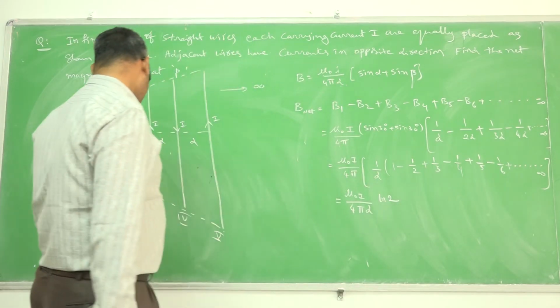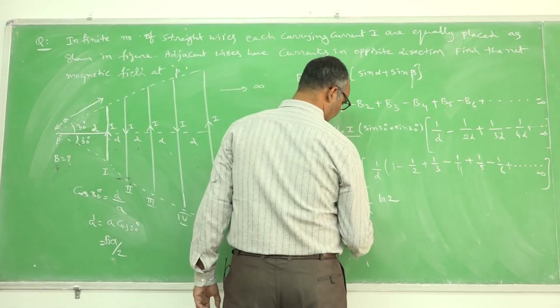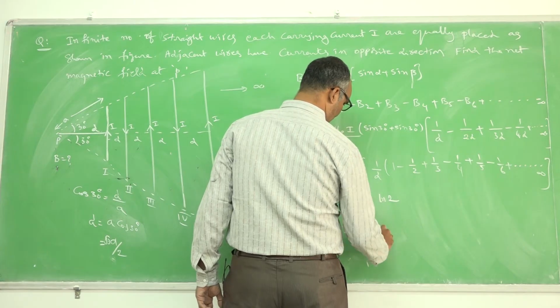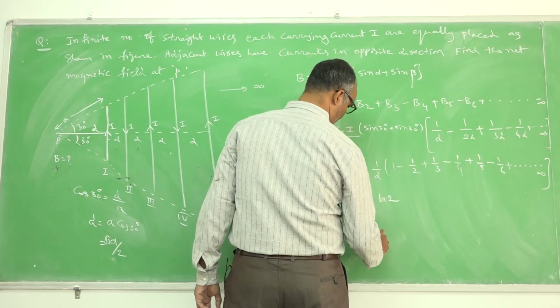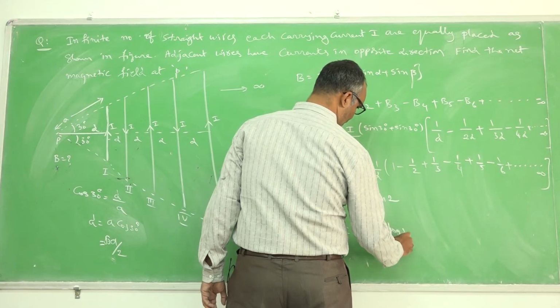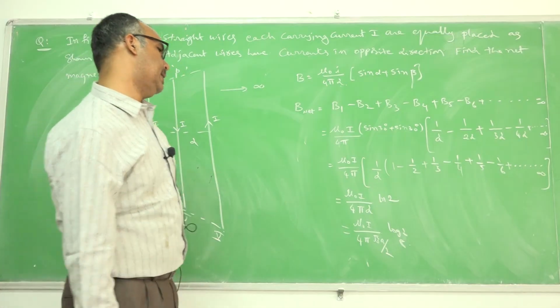D value I calculated as root 3 a by 2. Log 2 to the base e.